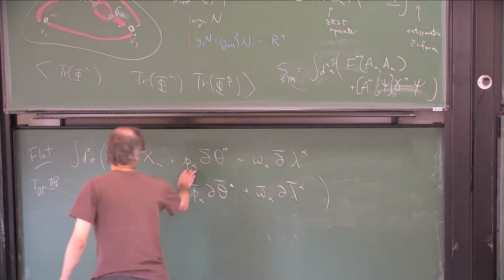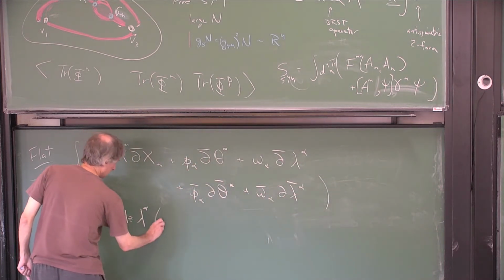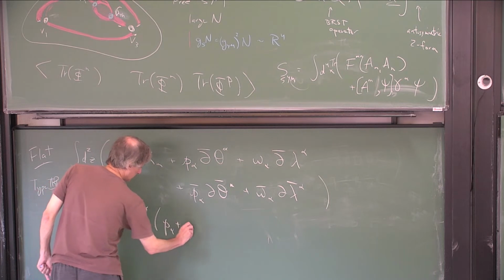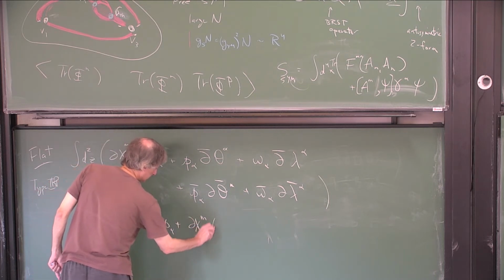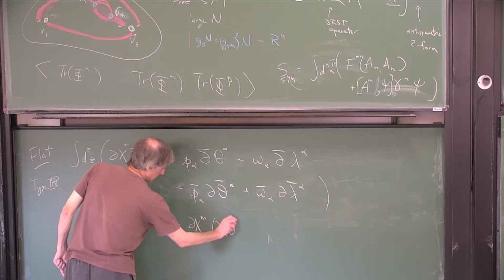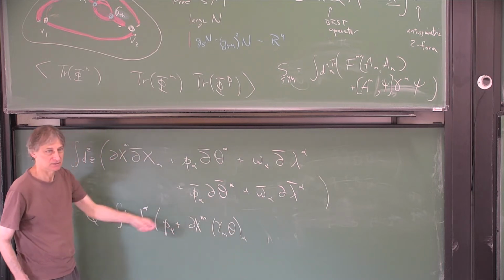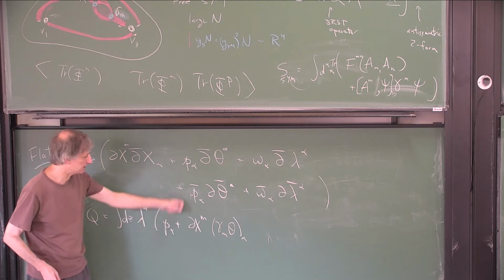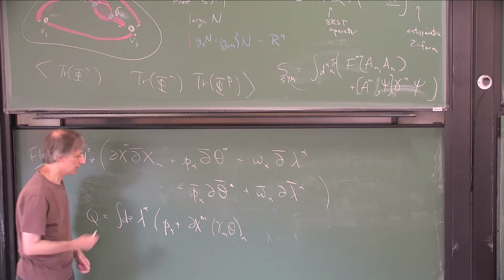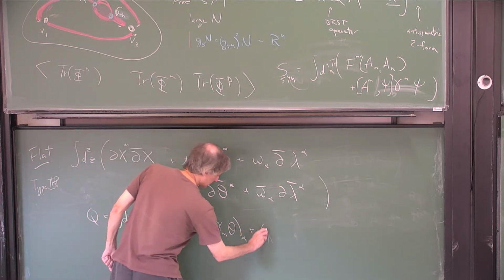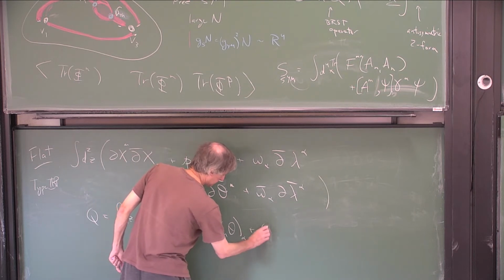If I think of P as being the conjugate momentum to theta, the obvious thing to write down is something like this. Because dx acts like d/dx, the conjugate to x, and P acts like d/dtheta. There's another term that's there, but it's not going to play any role in what I'm going to say.